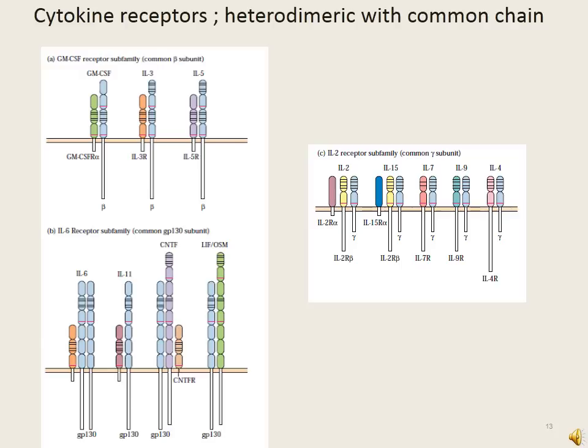The receptor for IL-2 is composed of 3 chains, including the gamma chain. The receptor for IL-15 is also composed of the gamma chain. The receptor for IL-7 is composed of just 2 chains, one of which is the gamma chain. The same for the receptors for IL-9 and IL-4.